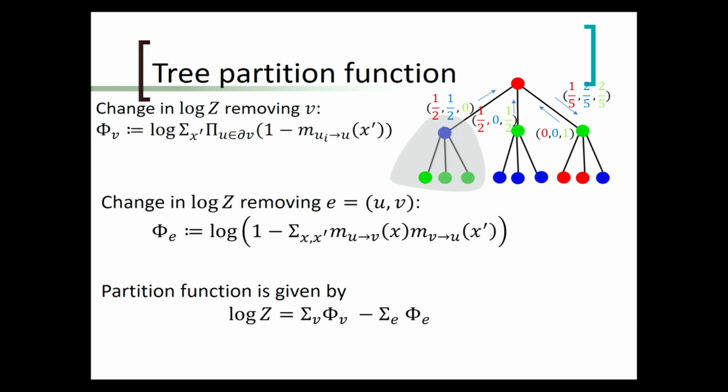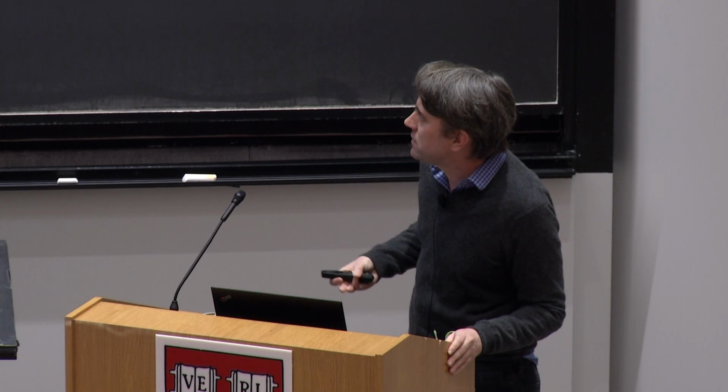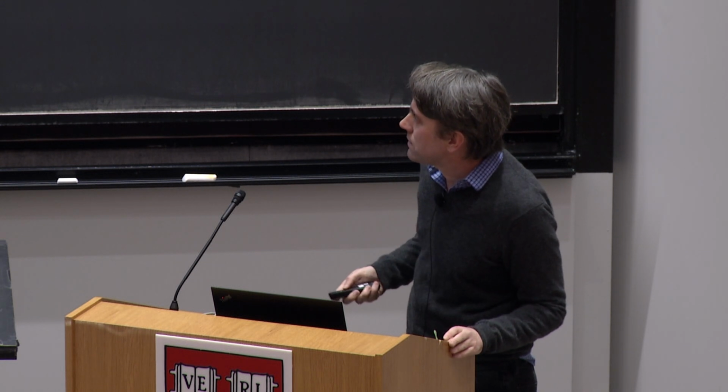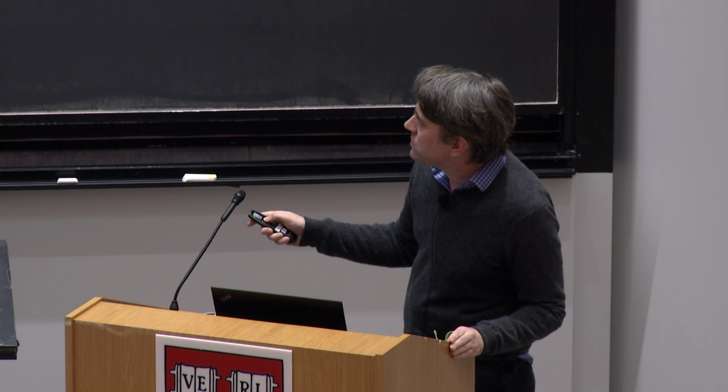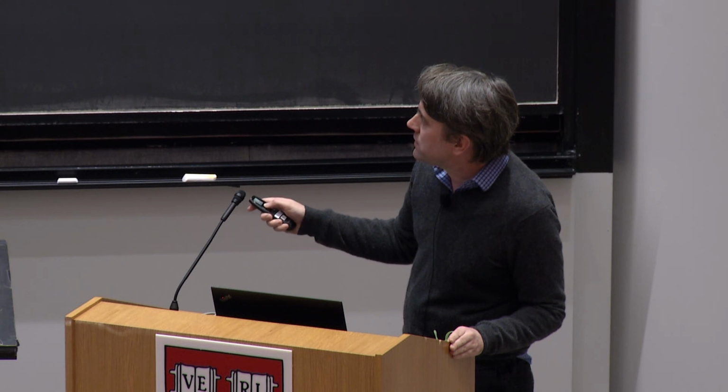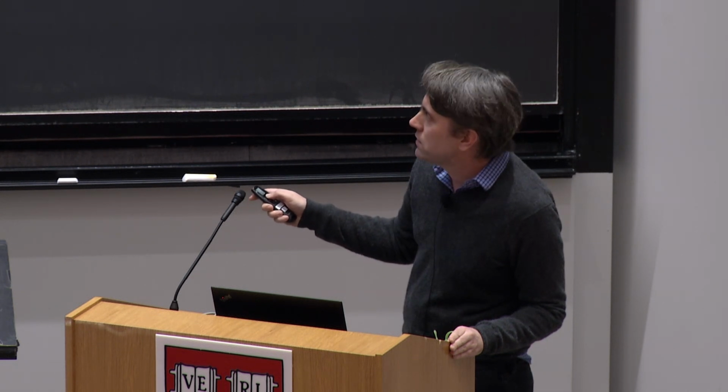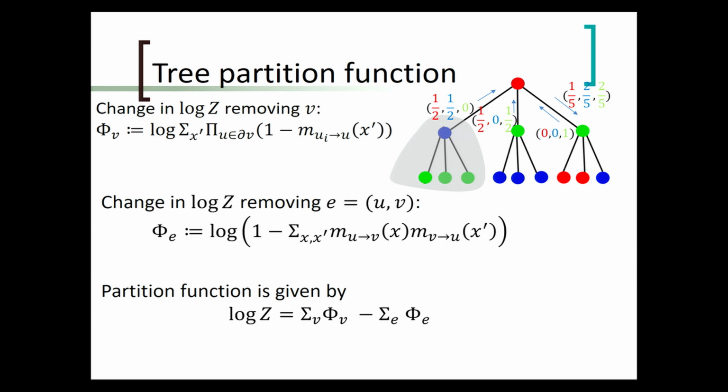And I've written this just for colorings, but you can do this for any spin system in a similar sort of systematic way. And then the partition function on the tree is just a sum of these vertex terms minus a sum of the edge terms. And this holds on any tree. So it's a very simple formula.